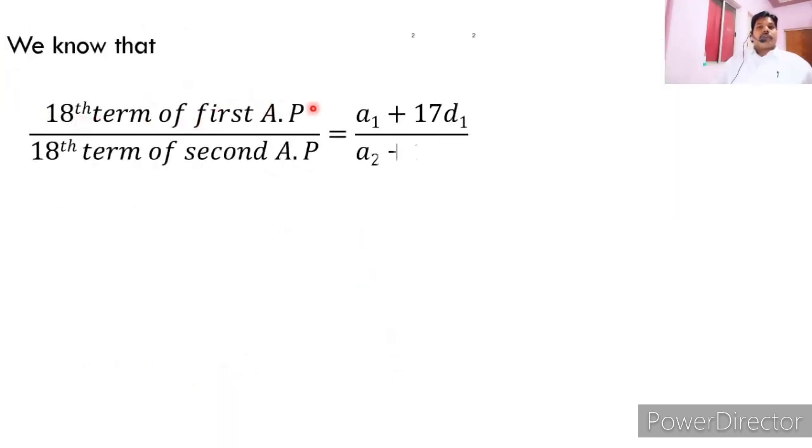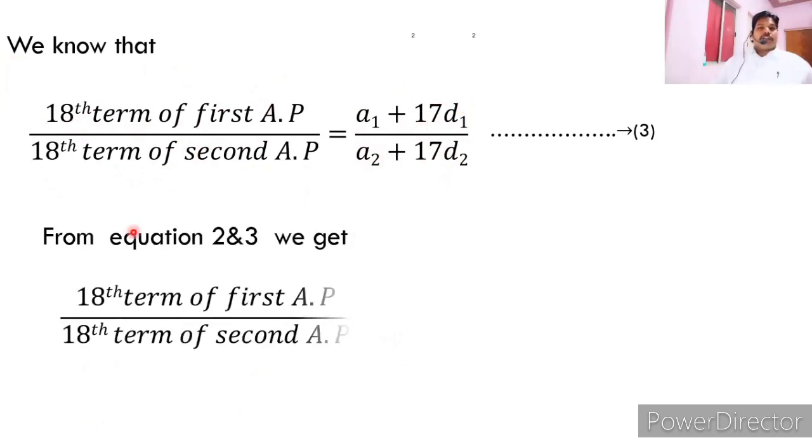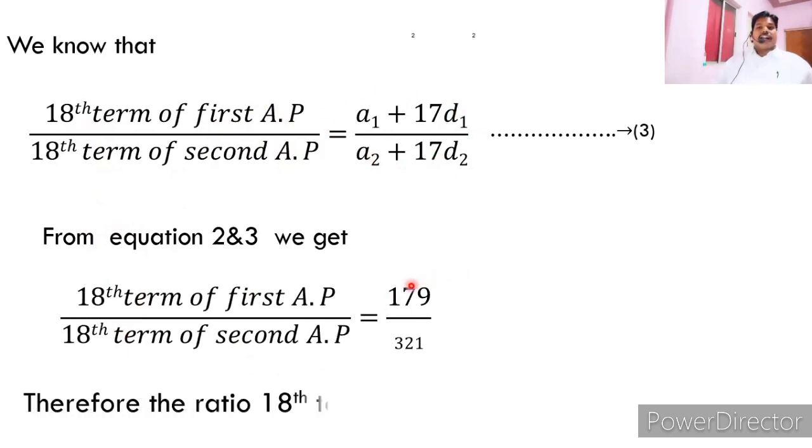Here they are saying that the 18th term of the arithmetic progression and the 18th term of the second arithmetic progression are a1 plus 17 into d1 and a2 plus 17 into d2. So from equation 2 and equation 3, we can declare that this value is already in equation 2, and we can replace it. The 18th term of the first AP by the 18th term of the second AP, from equation 2, we will get 179 by 321.